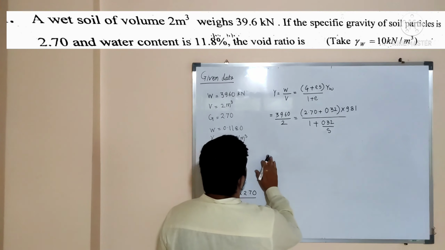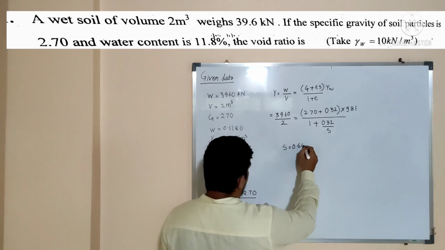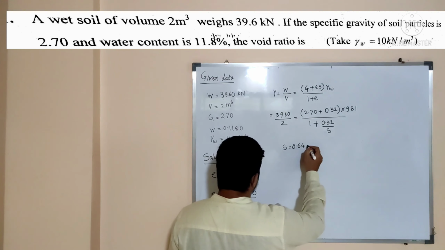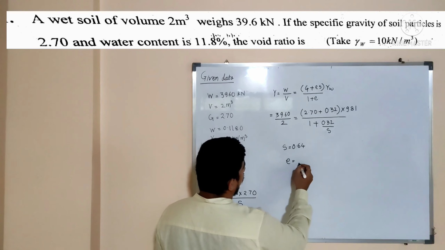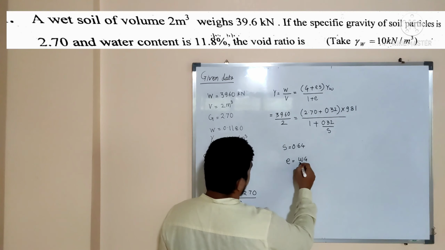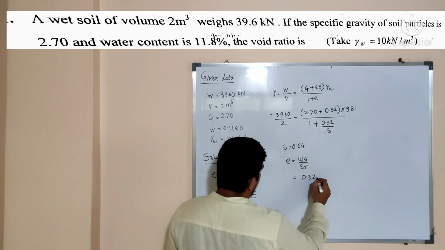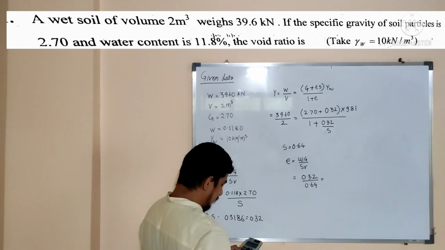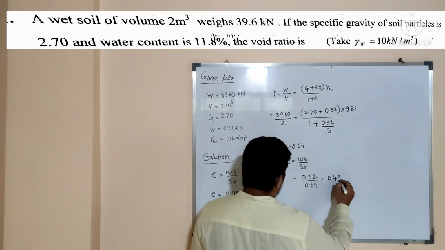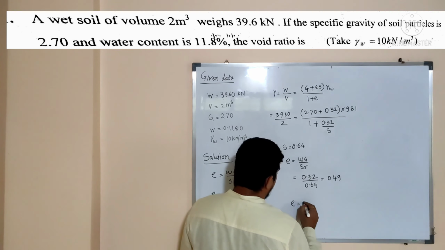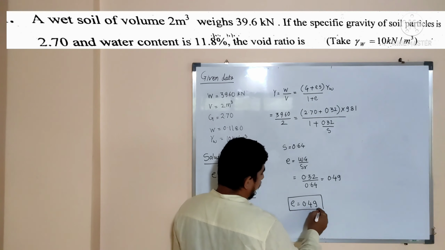So the degree of saturation is equal to 0.64. Depending on this, if we find out the void ratio, e is equal to wG by S_r, so it will be 0.32 divided by 0.64, which is 0.49. So the void ratio in this problem we got is 0.49.